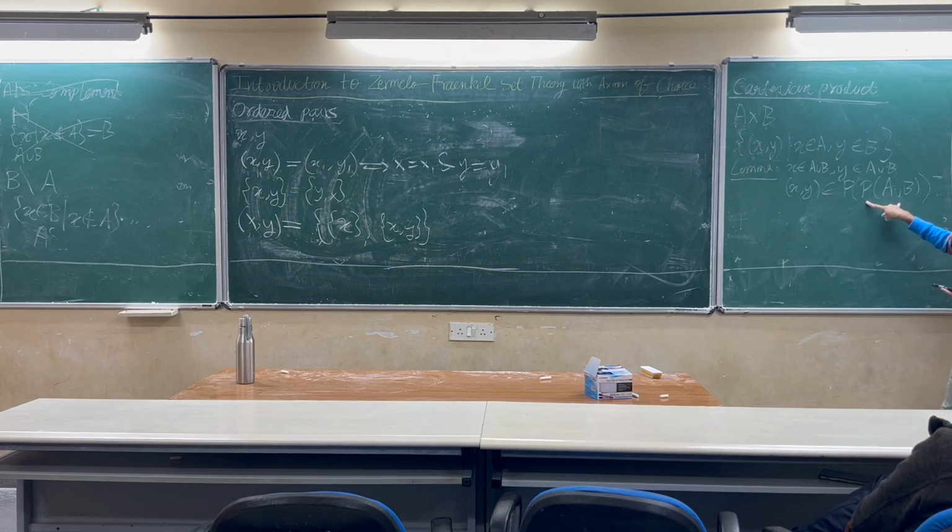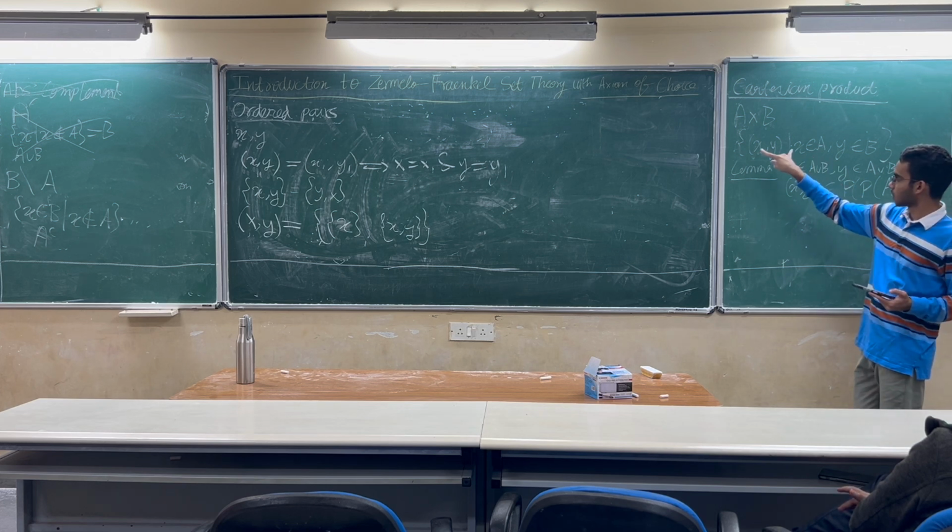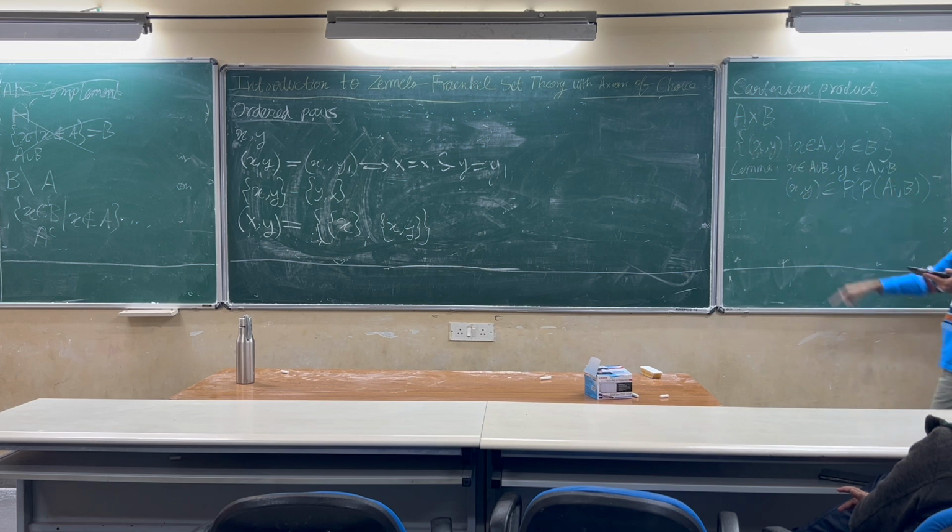So we get a larger set which contains all such ordered pairs, and once you have a larger set, you can use specification to get rid of the unnecessary elements, and what you are left with is a set containing only such pairs, and this is what we call the ordered Cartesian product of two sets.